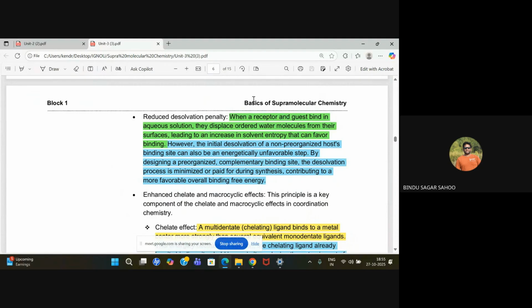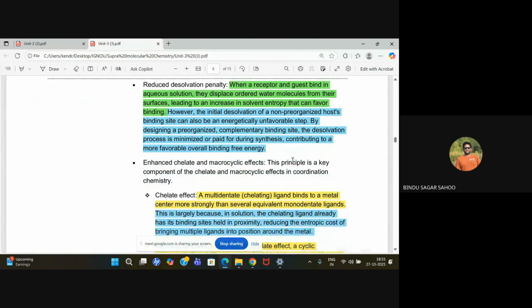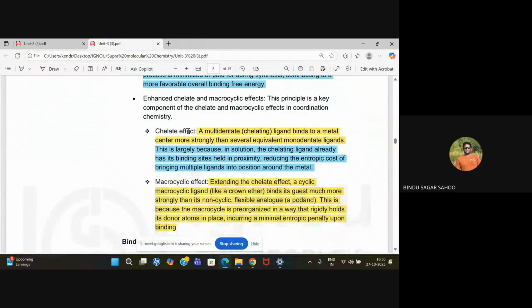By enhancing the chelate or macrocyclic effect, this principle lets us make a more stable supramolecular complex. Further, we are going to discuss the chelate effect. The chelate effect means the ligand must be a multidentate or polydentate ligand; it must have more than one binding site.